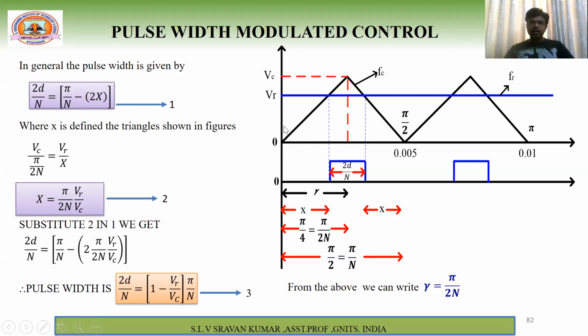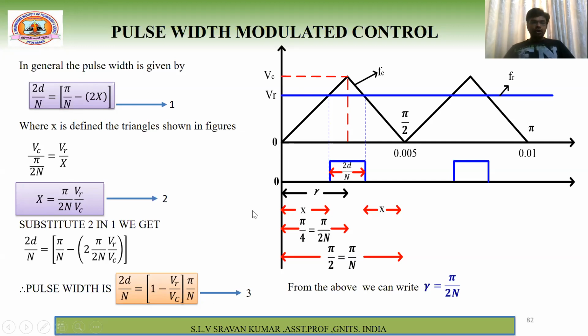This distance is x only, right? From this, x is nothing but pi by 2n into VR by VC. Substitute this in the first equation, then finally you will get this. Therefore, the pulse width 2d by n is equal to 1 minus VR by VC, into pi by n. So in problems, sometimes if you want to find the pulse width, this equation is necessary.